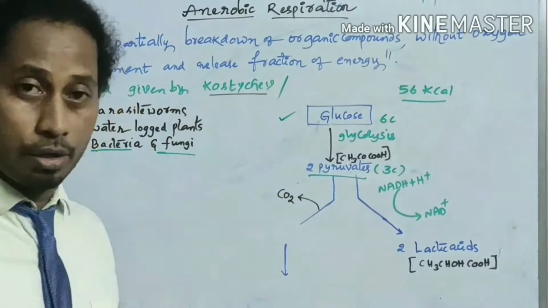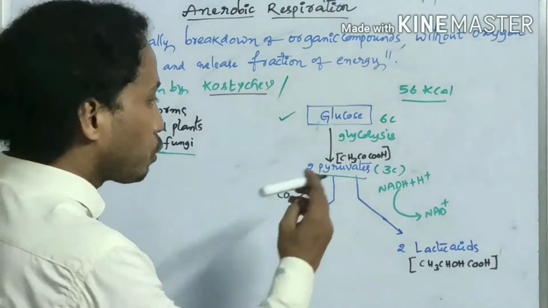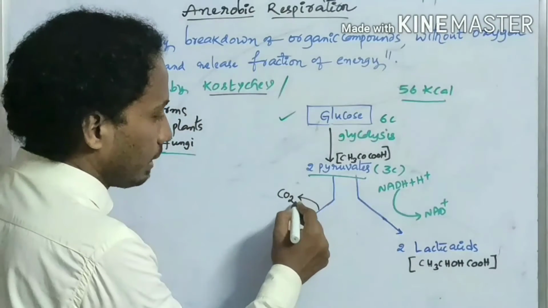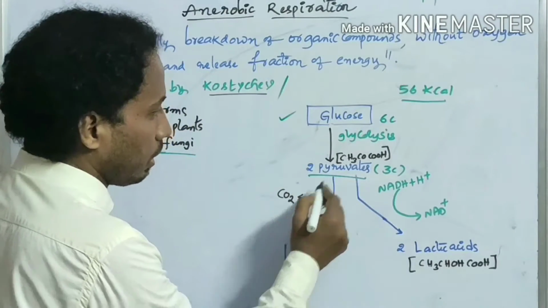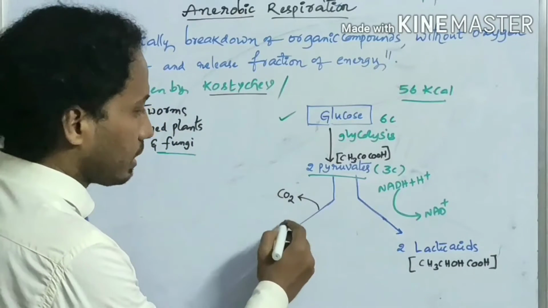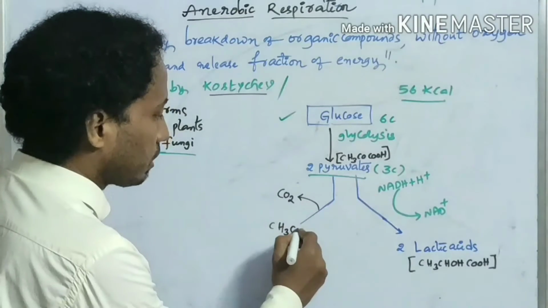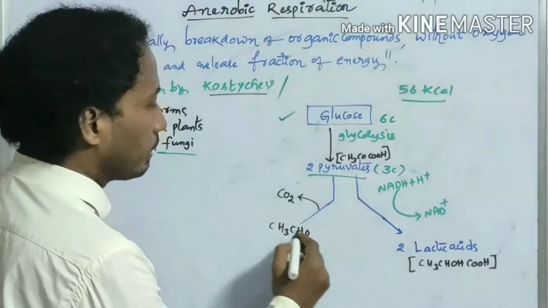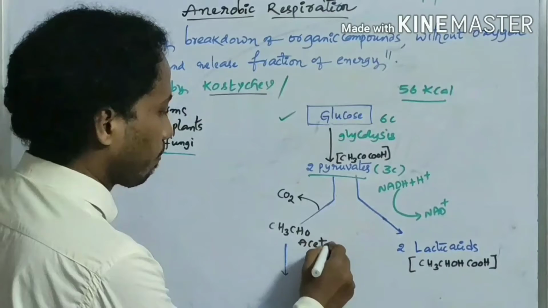These 2 pyruvate molecules, CH3COCOOH, undergo decarboxylation to give CH3CHO. This is acetaldehyde.